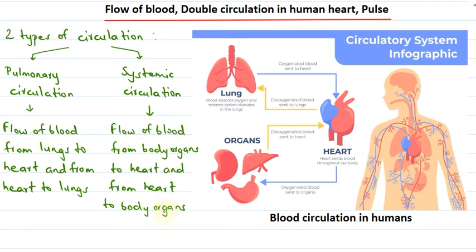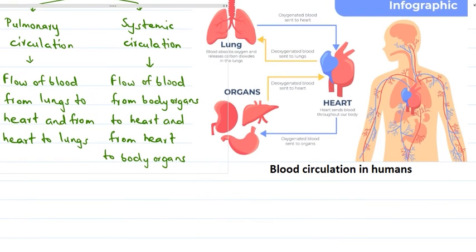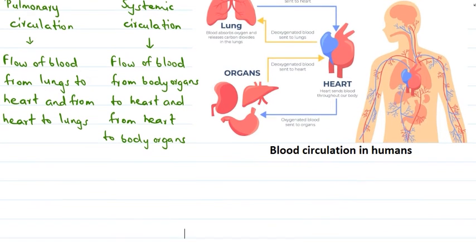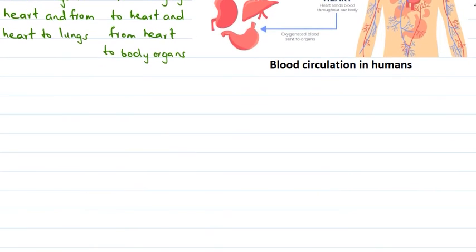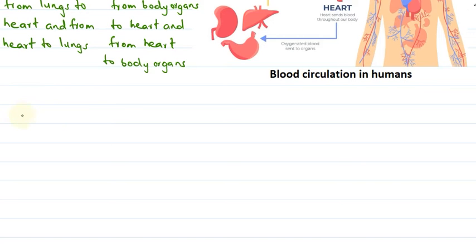So this is systemic circulation. Okay, so these are the two types of circulation that takes place in our body. So now let's see how the blood actually flows.